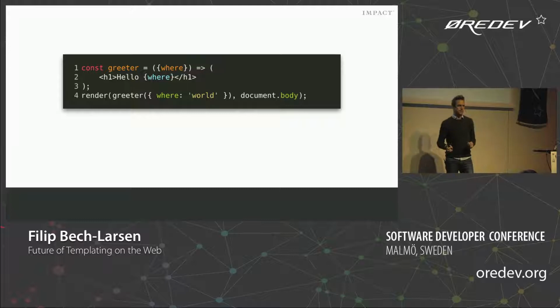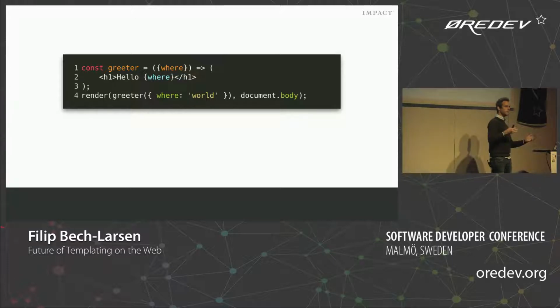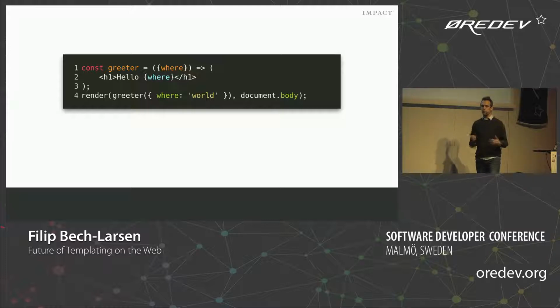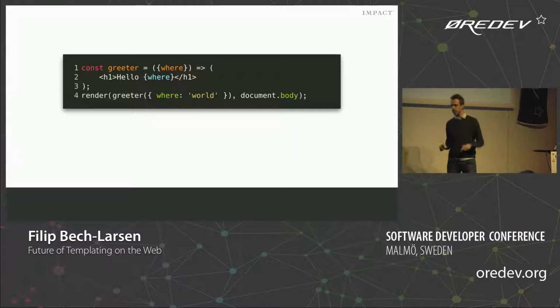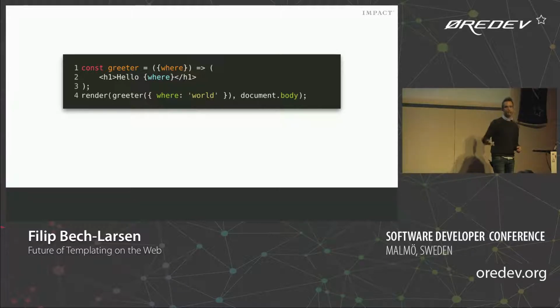What JSX does is it compiles down to some function calls that do a lot of smart stuff. But from a templating perspective, it gives us some cool stuff, because the stuff inside of the curly brackets here, the where, is actually a real JavaScript expression. So we can do ternary statements, we can do array loops and all that kind of stuff inside of our template, and it's very useful for that.